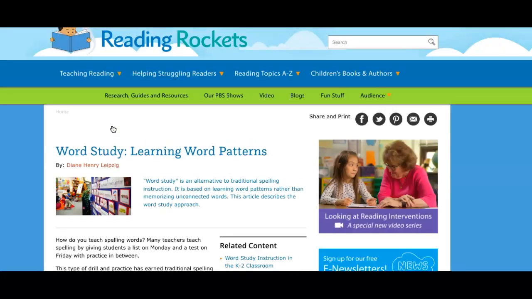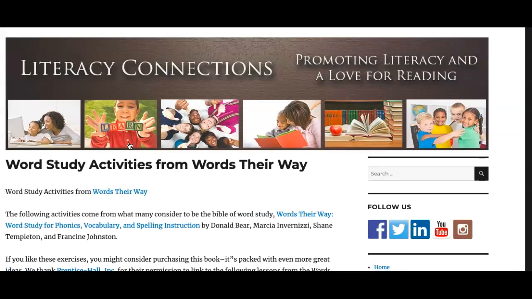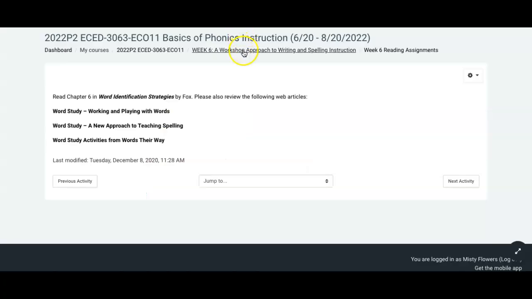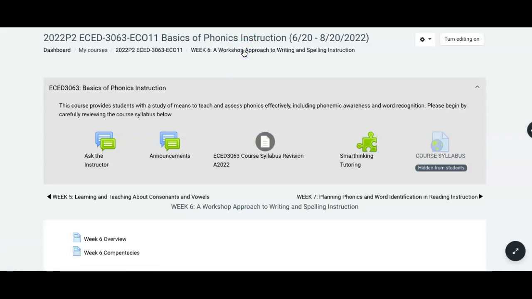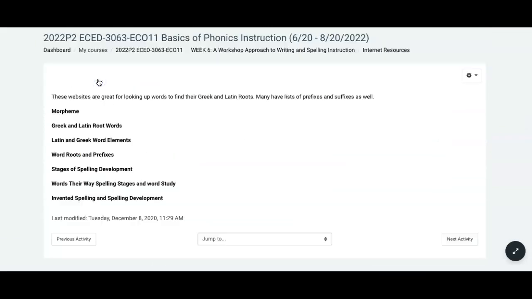This is Word Study, Learning Word Patterns, and Word Study Activities from Words Their Way. Here are some other internet resources for you to click on.